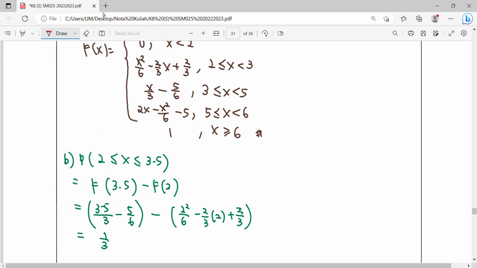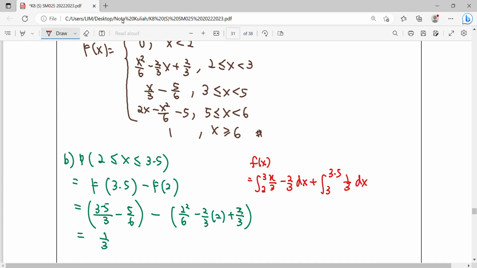So kalau siapa nak guna F kecil, kalau you menggunakan F kecil bukan F besar, maka kamu kena integrate 2 up to 3. Okay? You kena buat cara integration 2 up to 3 untuk X over 3 minus 2 over 3 tambah 3 up to 3.5 for function 1 over 3.